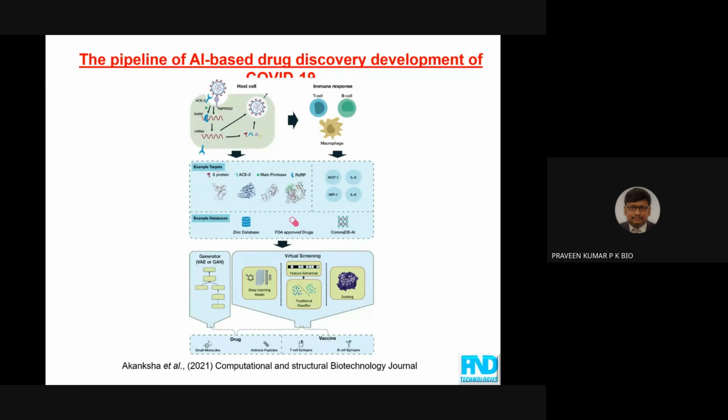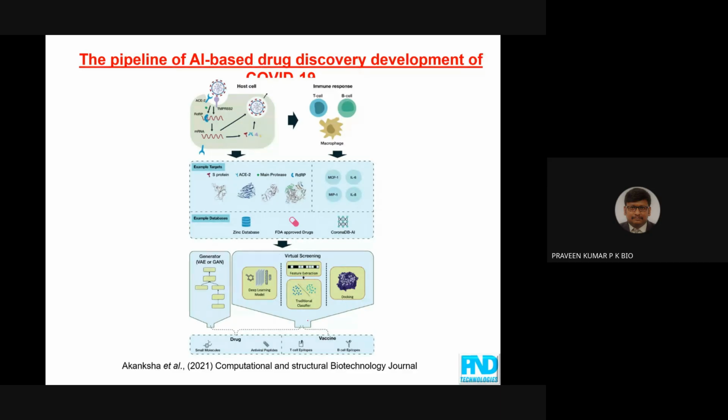If you see this AI-based drug discovery for COVID-19, this is taken from a journal publication. It shows a pipeline of computer-aided drug design for SARS-CoV-2 using AI, that is, machine learning techniques for classification and regression.